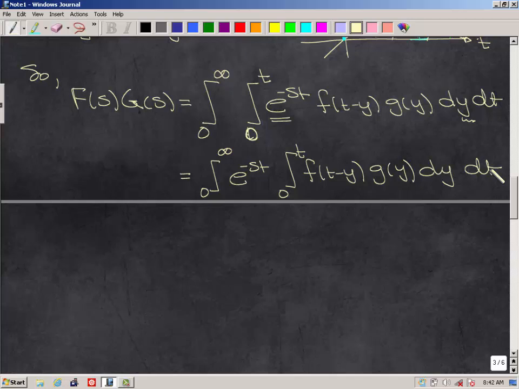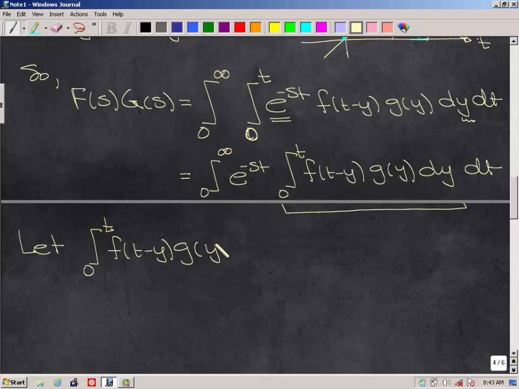Okay. I'm going to call this inner integral, this is a special integral, the inside one, something else now. So I'm going to let this integral 0 to t f of t minus y g of y dy, sorry, equal f star g.